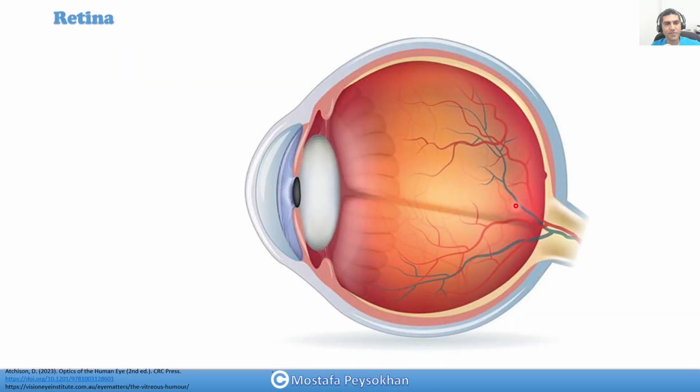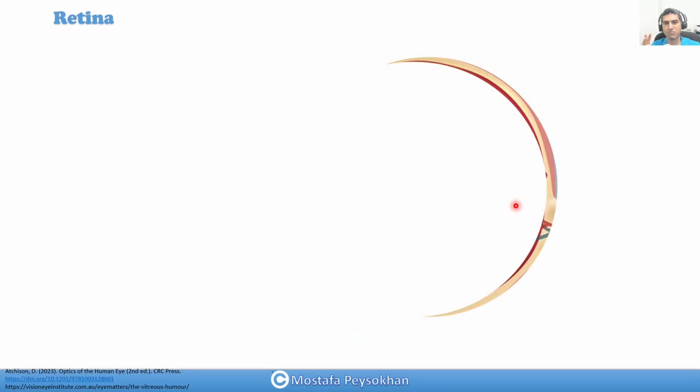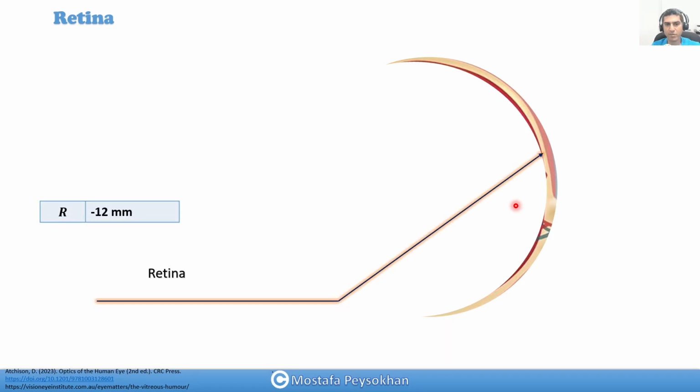The next surface is the retina, which is like the CCD of our optical system, or the image plane, where the image appears. So the retina is this part of our eye. I looked at a lot of literature, and most of them use negative 12 millimeters for the radius of curvature.